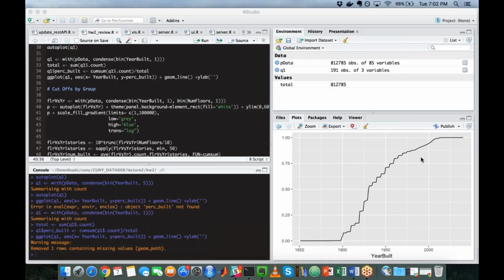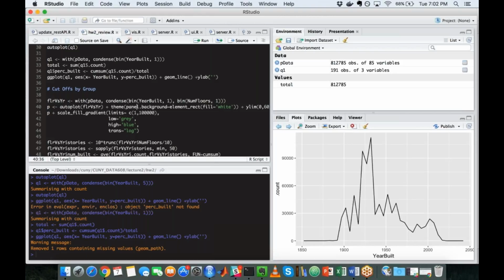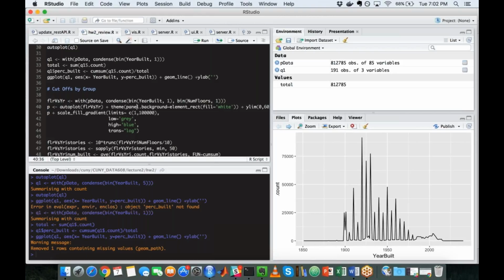Well, for a cumulative graph, you don't really have to worry about that. You have to worry about it more when you're looking at that first graph. So going back to this first graph, where we're just looking at the counts before we binned it, this is seriously misleading because it leads us to believe that there were substantially more buildings, like 10 times as many, built during these years as during later years, and that's not true.